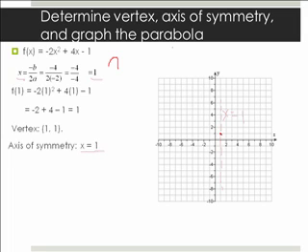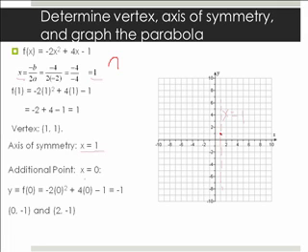And then to graph the parabola, you need the vertex and at least one point. So the easiest point to find is the y-intercept when x is equal to 0. Substitute 0 in for x, and the x terms drop out.